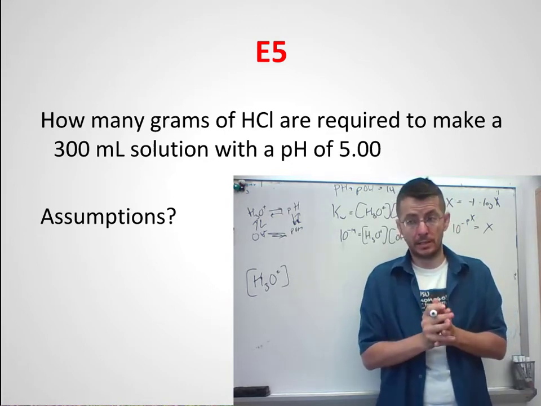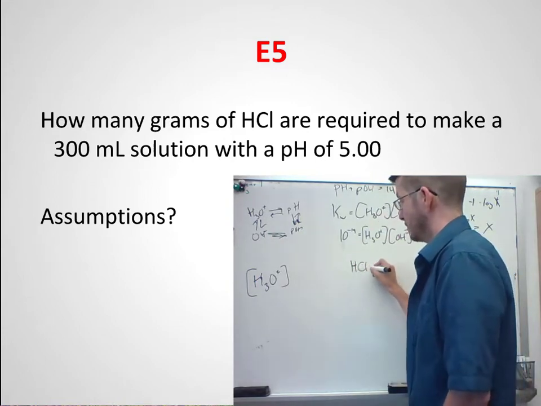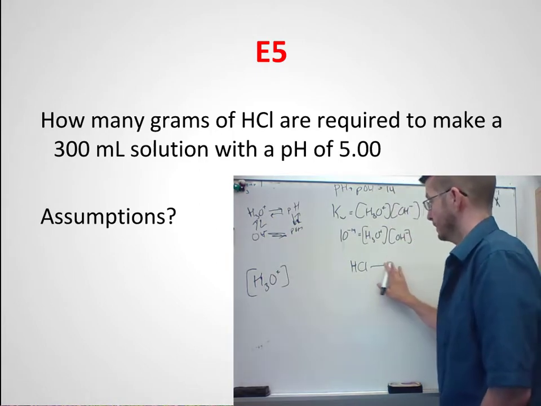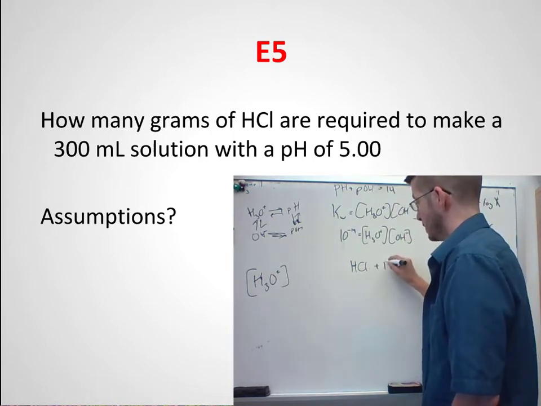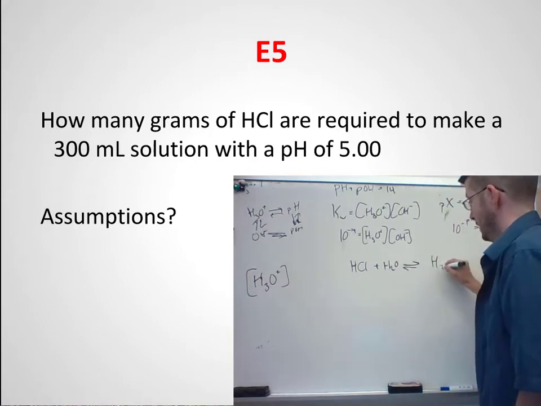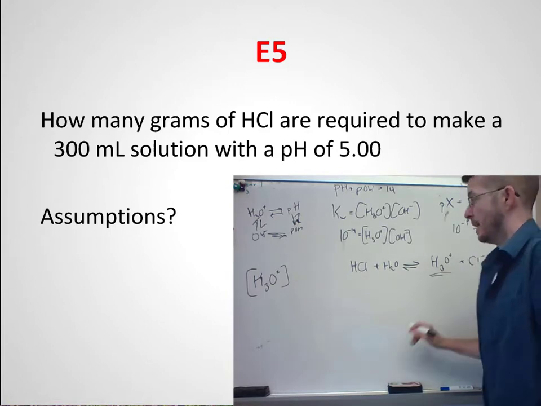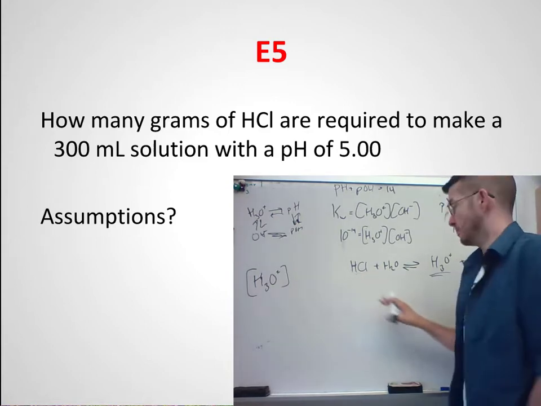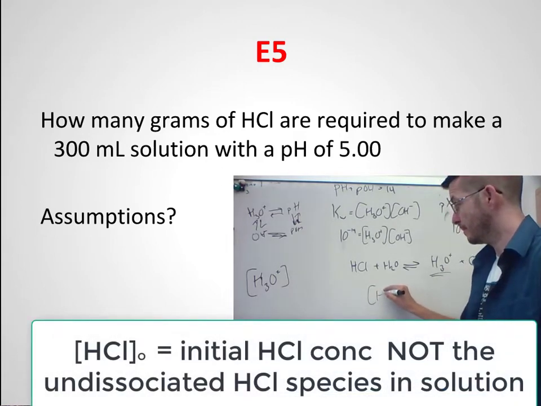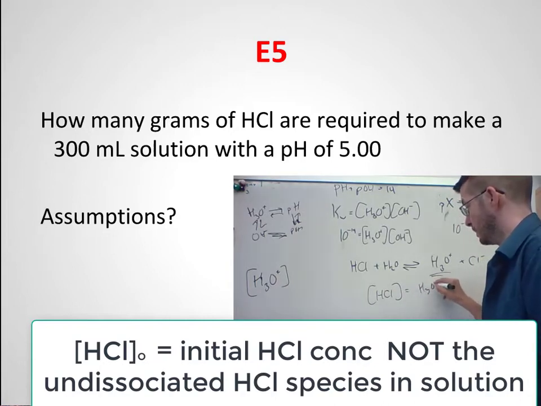HCl is a strong acid. Because it is a strong acid, we know that when HCl dissolves in water, it will dissociate fully. This reaction, HCl plus water, produces H3O+ and Cl-, such that this is effectively 0, and therefore the concentration of HCl in solution will equal the initial concentration of H3O+.